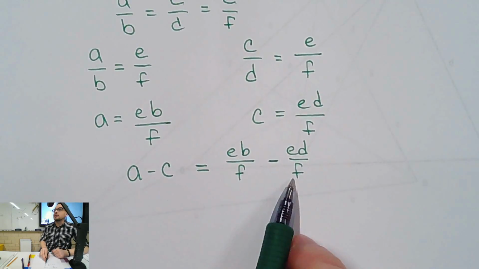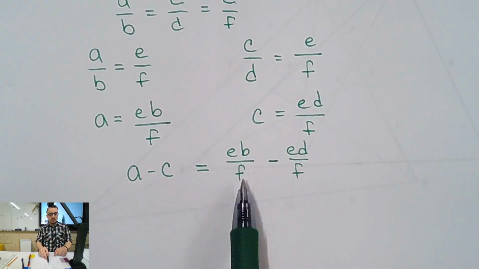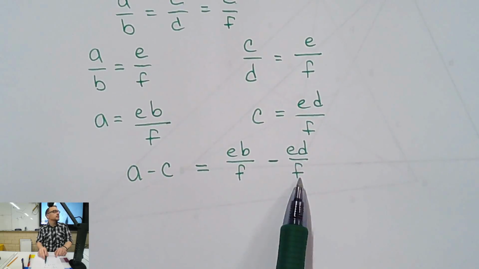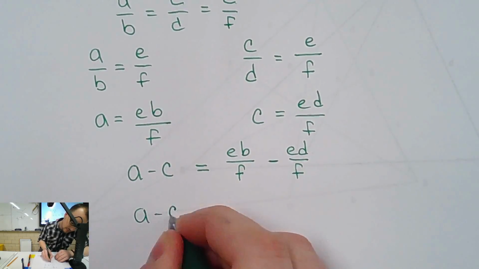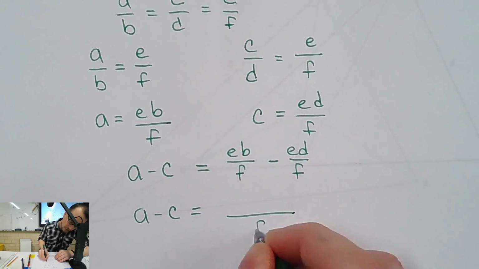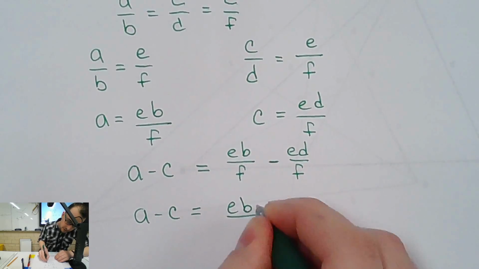Don't they have common denominators? If I had 2/3 and 1/3, you could put those together, right? This is something F's, and this is something F's. I don't know how many F's, but it's some amount of F's, all over F. Common denominator. EB minus ED.